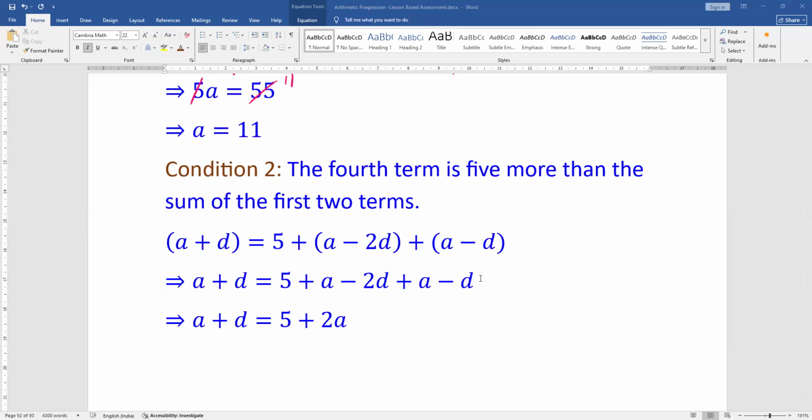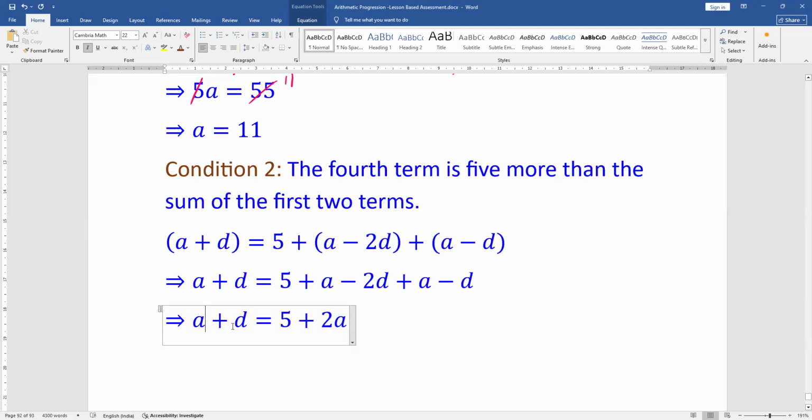Minus 2d and minus d is nothing but minus 3d. So now here we have a plus d equals 5 plus a minus 2d minus d.